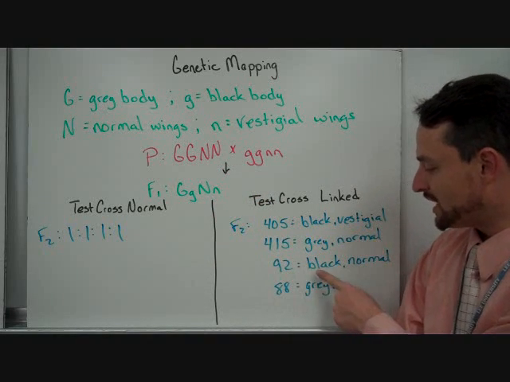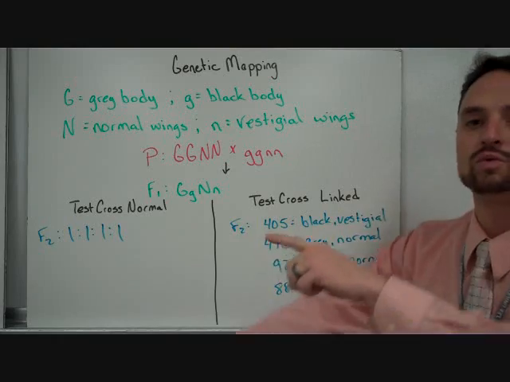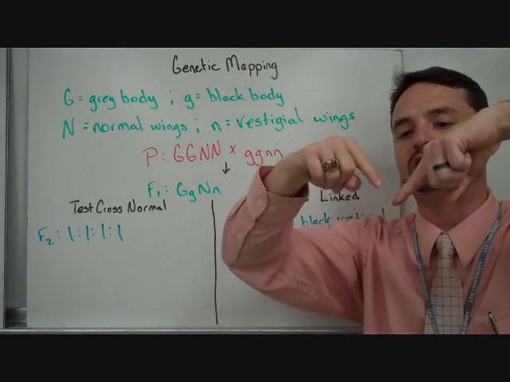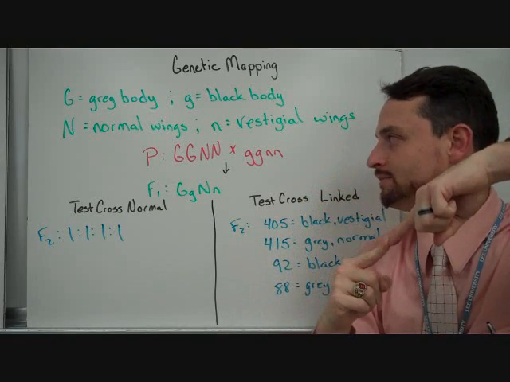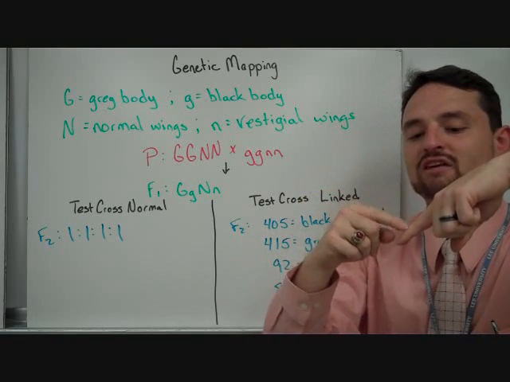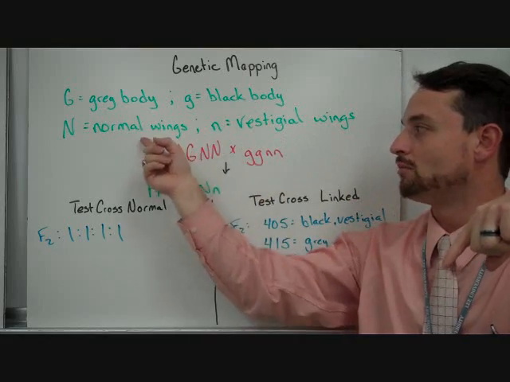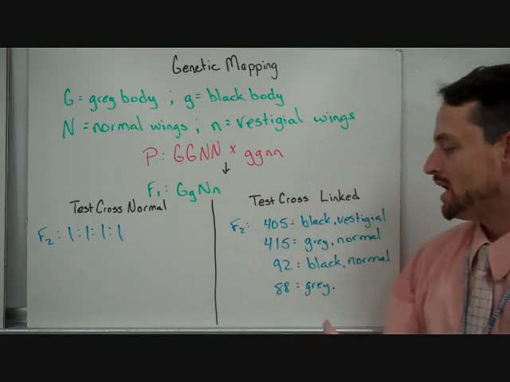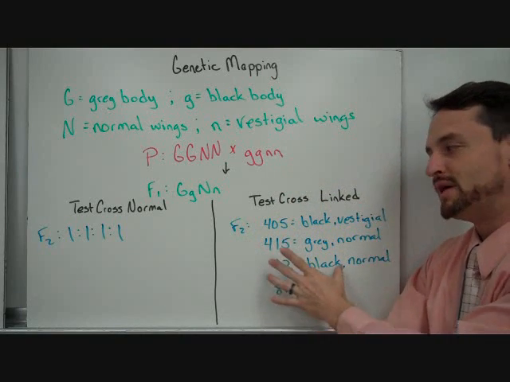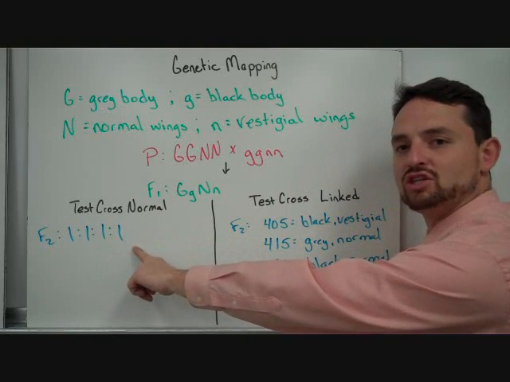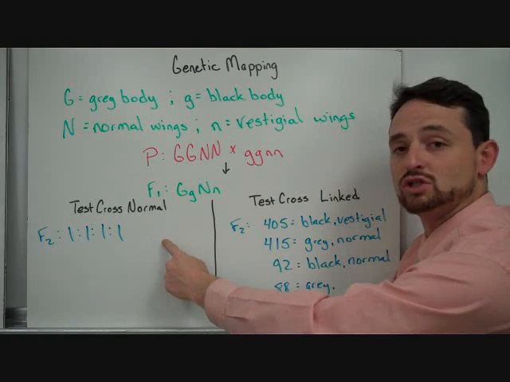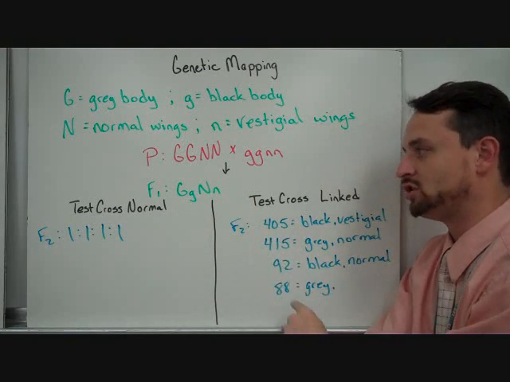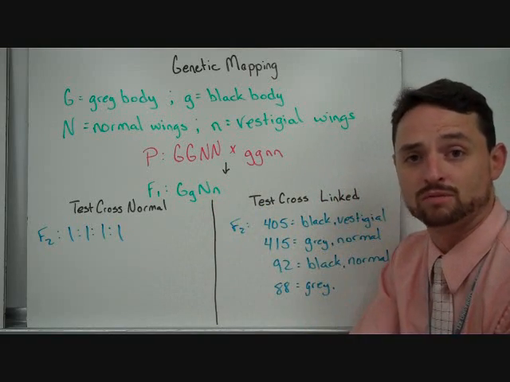And the only time you're getting this other one is when, whenever you get this alignment, you have crossing over taking place, to where the gray body color, instead of being with the normal wing, will break off and attach to this one over here that's got vestigial wings. It does happen some, but not in the 1 to 1 to 1 to 1 ratio that we would expect if everything was normal and these were on different chromosomes. So because you get this result, you say, well, these must be on the same chromosome.